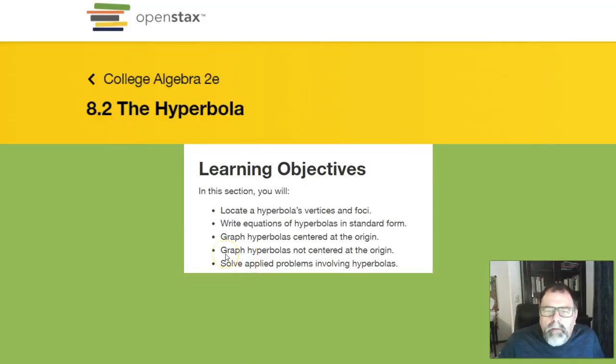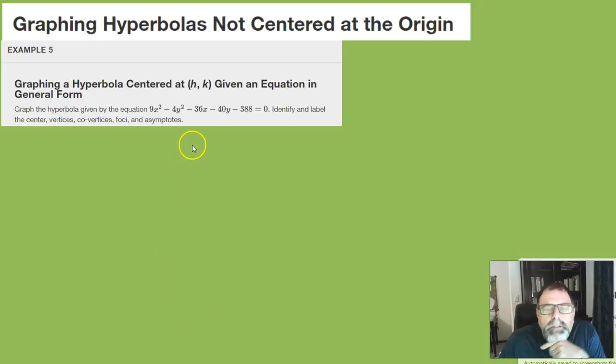Okay, now next learning objective, graph hyperbolas not centered at the origin. All right, so our first thing to do on this one is we got to put it in standard form. So it's the same technique we did with the ellipses, where we put the x squared term together, the y squared term, y term together.